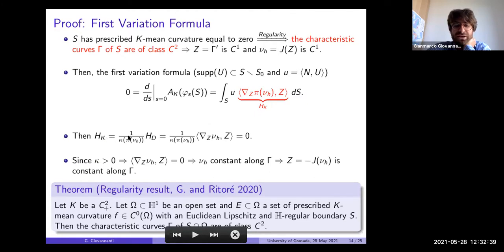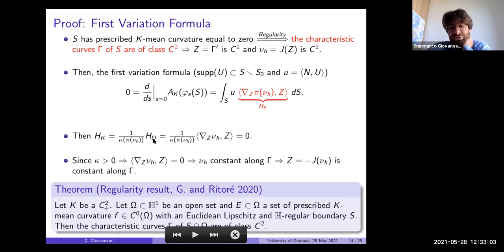The HK is equal to HD over the geodesic mean curvature of PK of mu H, and this is the sub-Riemannian mean curvature.